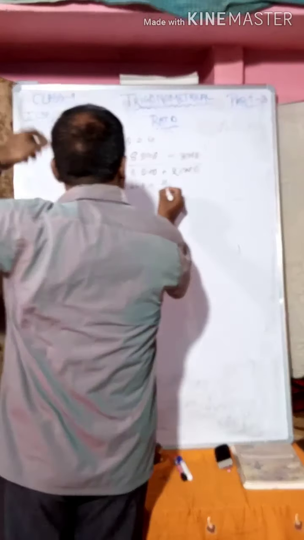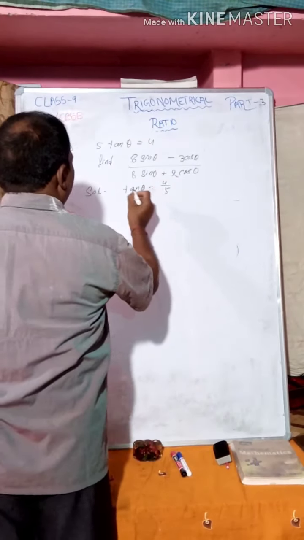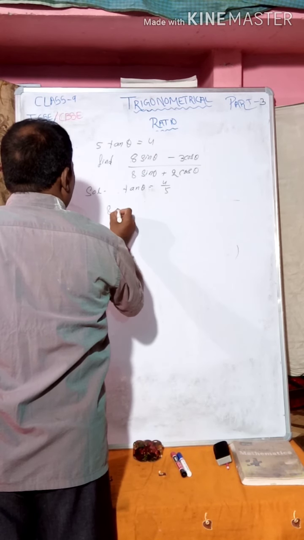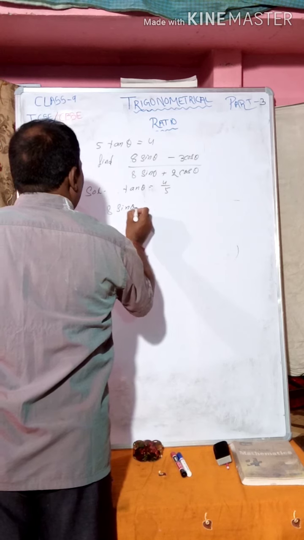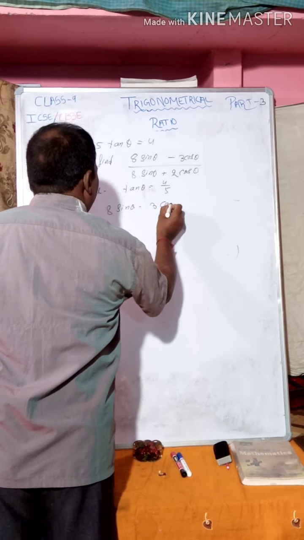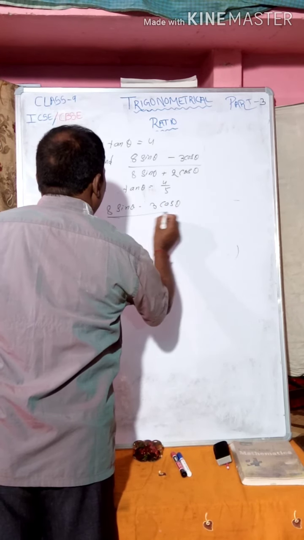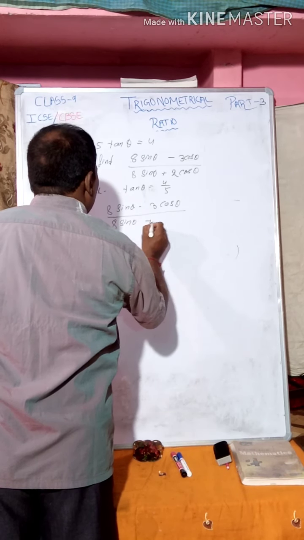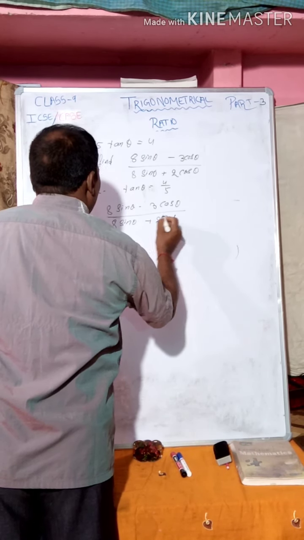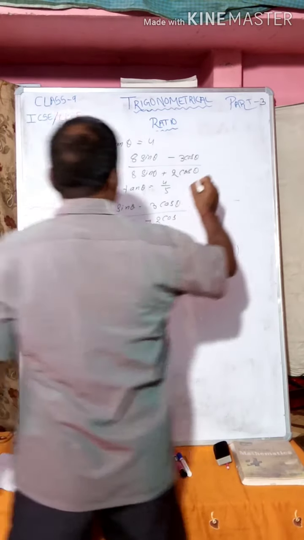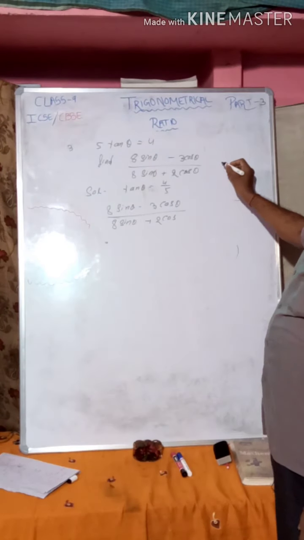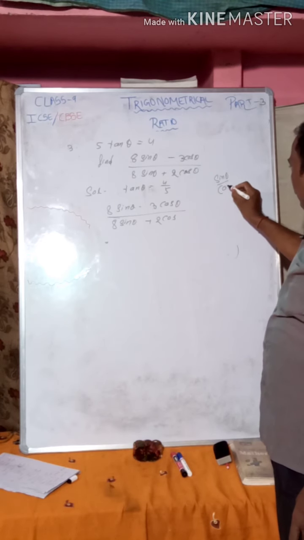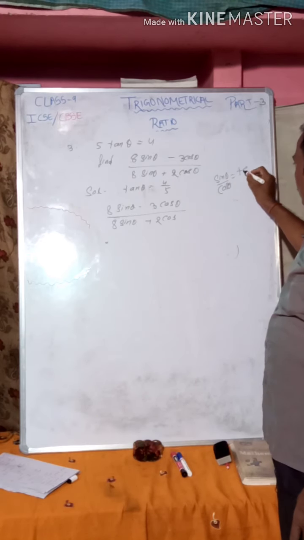So tan theta is equal to 4 upon 5. So directly I can write 8 sin theta minus 3 cos theta upon 8 sin theta plus 2 cos theta. We know that sin theta upon cos theta is equal to tan theta.